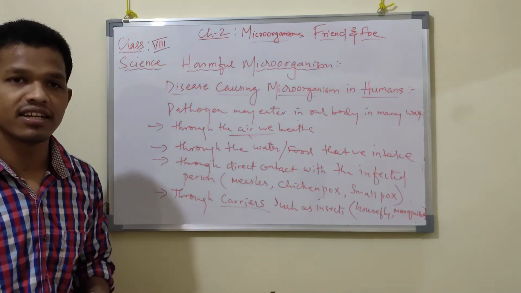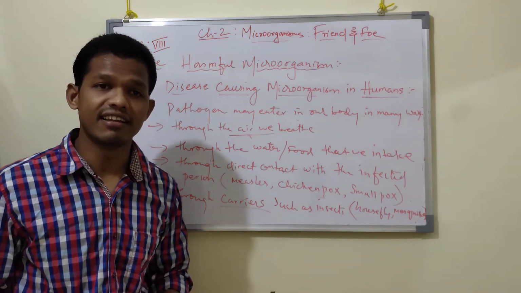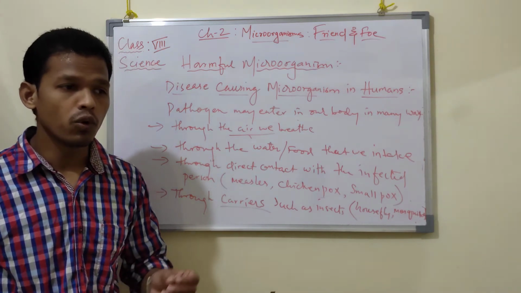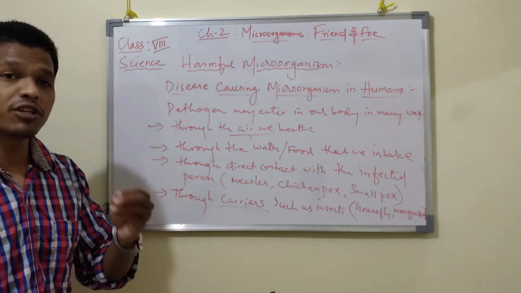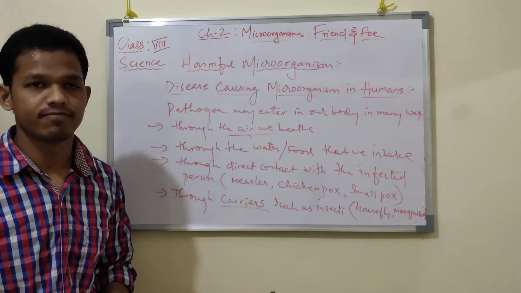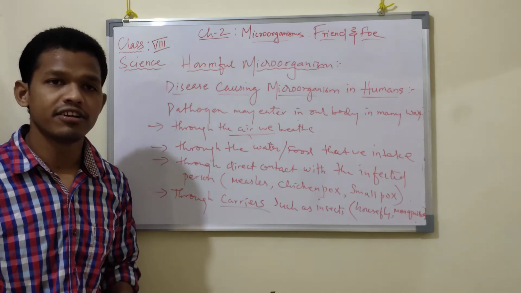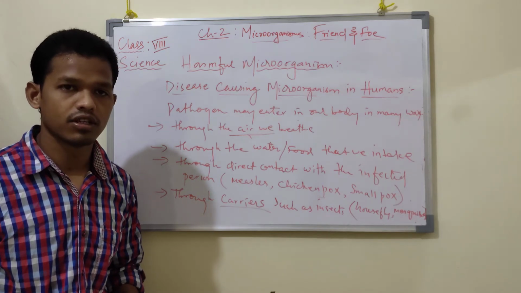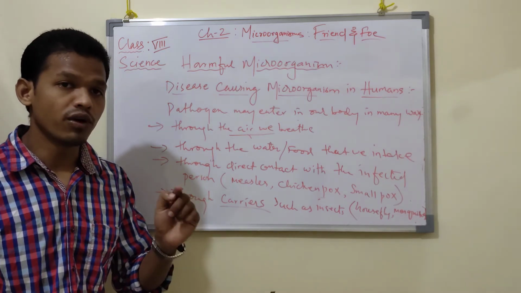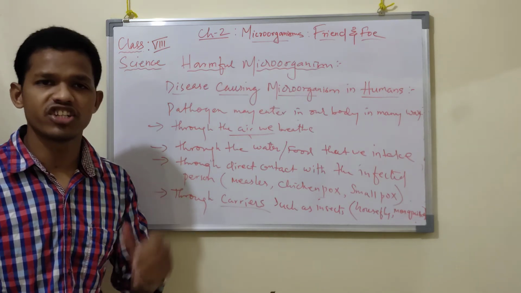If you boil the water at a certain temperature, these microorganisms die. So the chances of consuming microorganisms present in the water will be less, so that you will not get diseases. So you are required to boil the water before drinking. Boil the water and drink.